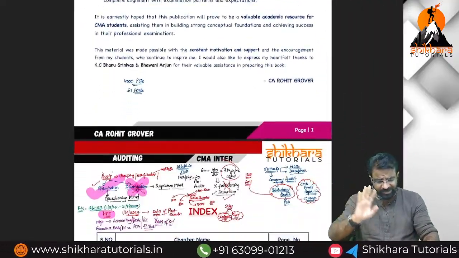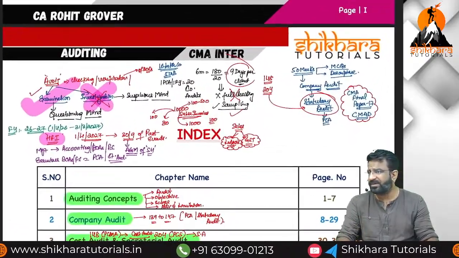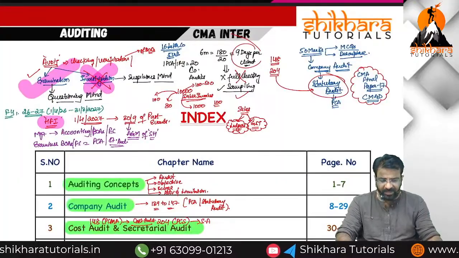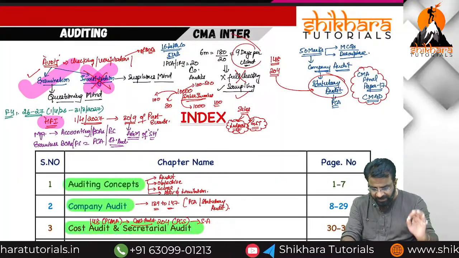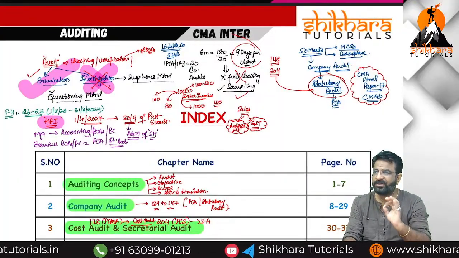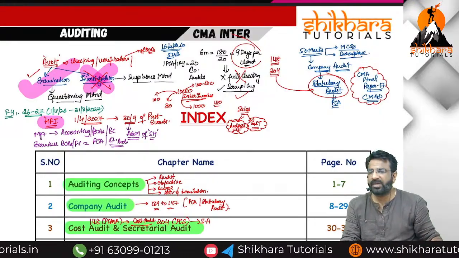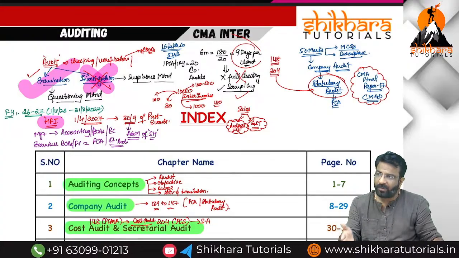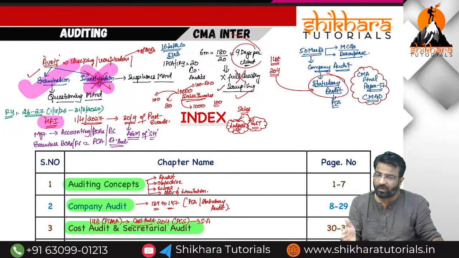I hope you are getting the clarity. I'm just giving you generic information about our subject. I'm not at all into the subject right now. Why? Because as a practicing CA and CMA, this is the bare minimum knowledge you should have. Who is called a chartered accountant, who is called a CMA, who is called a cost accountant.